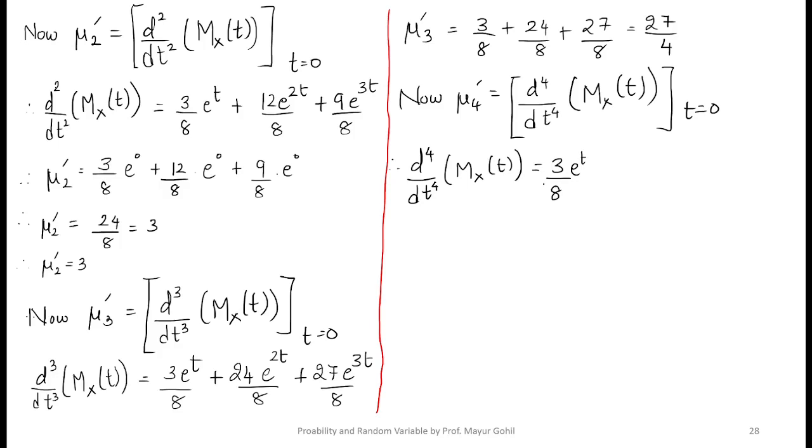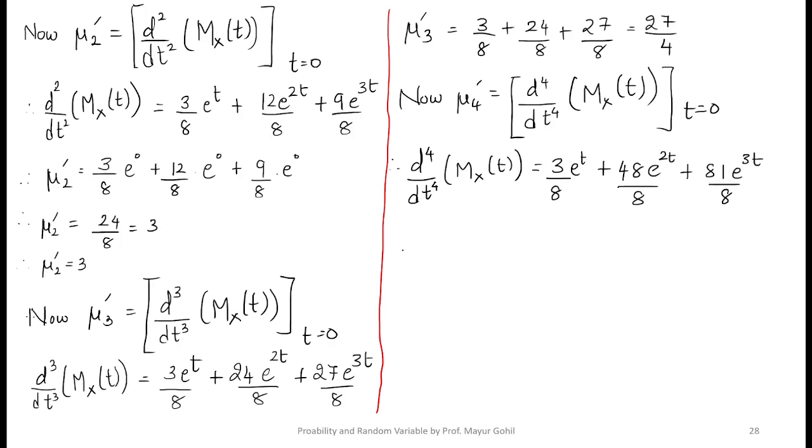So it is going to be 3 e to the power t over 8 plus 48 e raised to 2t divided by 8 plus 81 e raised to 3t divided by 8.